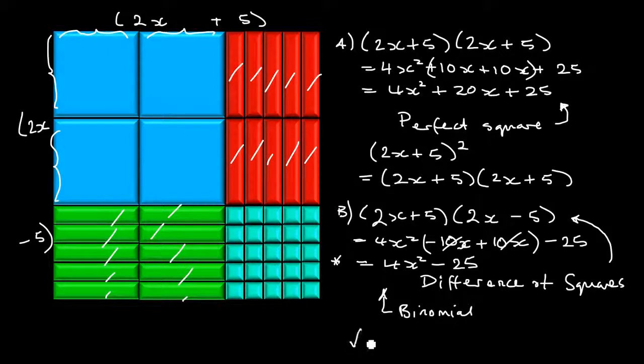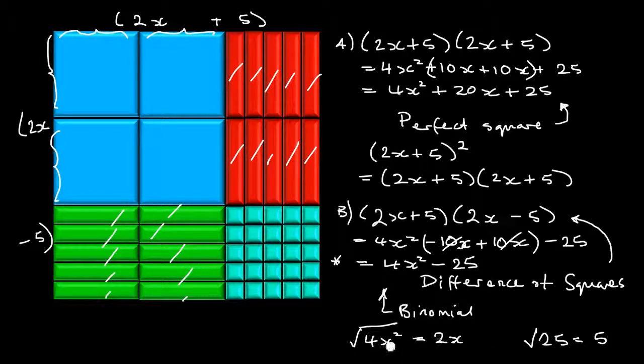If we square root 4x squared, we end up with 2x, because 2x times 2x is 4x squared. If we square root 25, then we have simply 5.